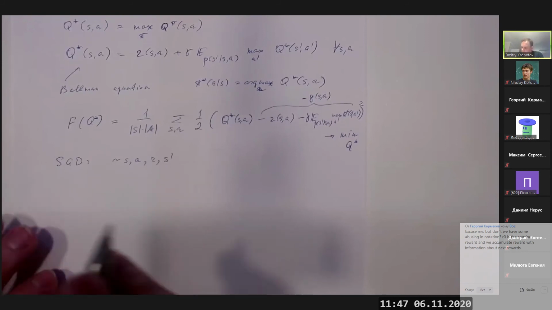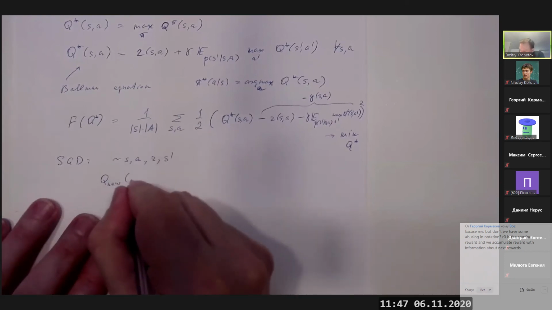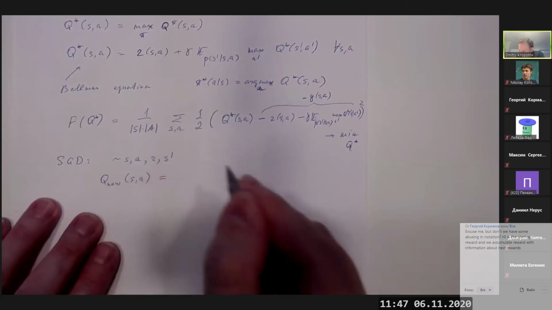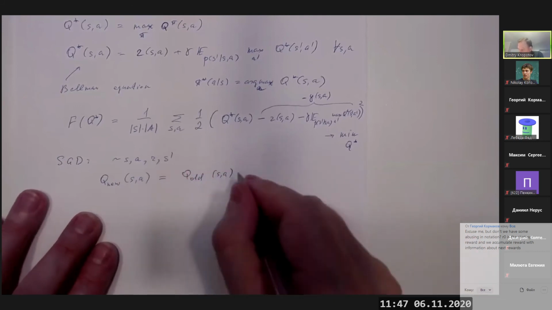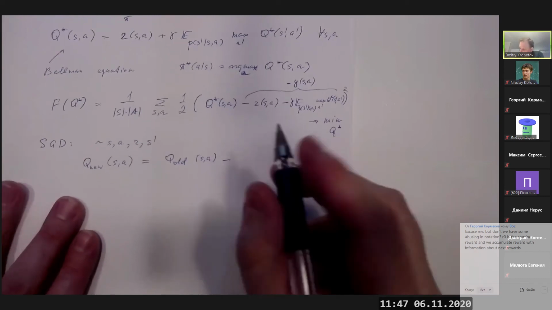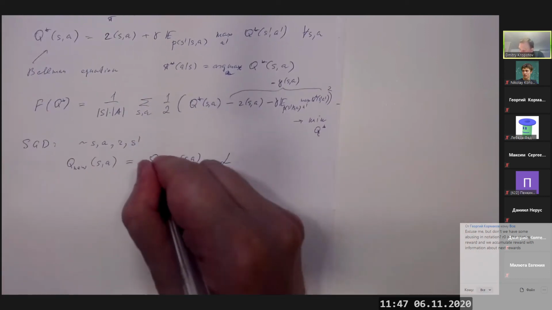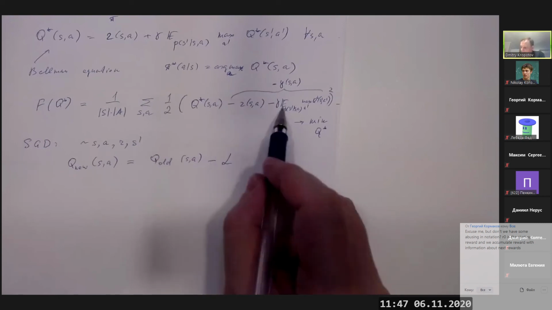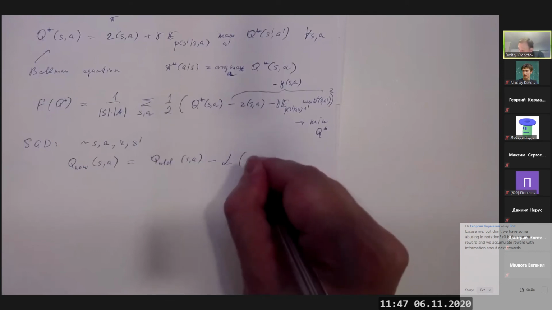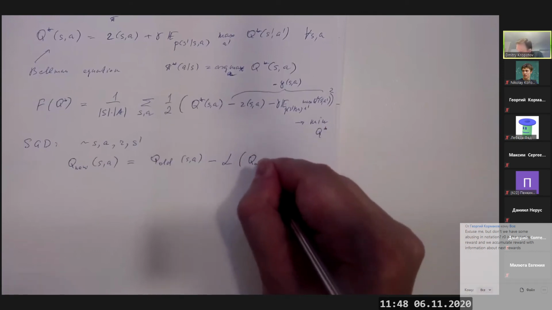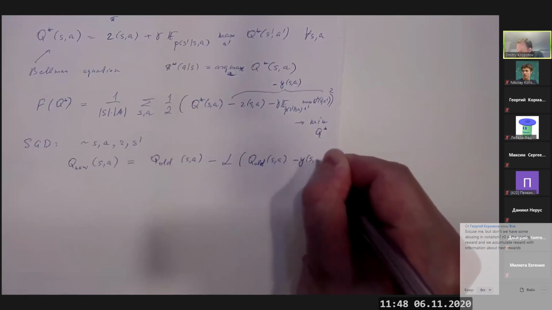So sampling this, we modify our function: Q new of SA is equal to Q old minus, because we're minimizing, some step size from gradient descent times the stochastic gradient of our criterion, and this stochastic gradient would be equal to Q old SA minus target.